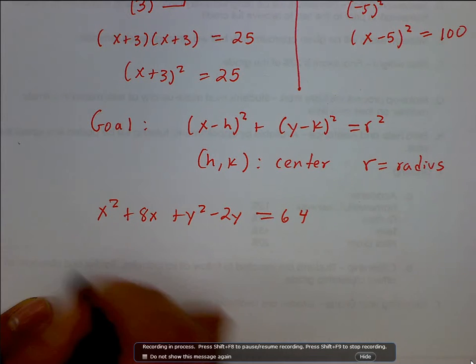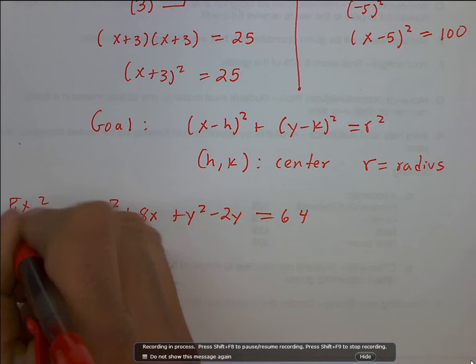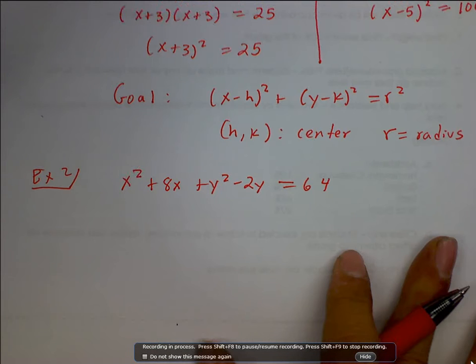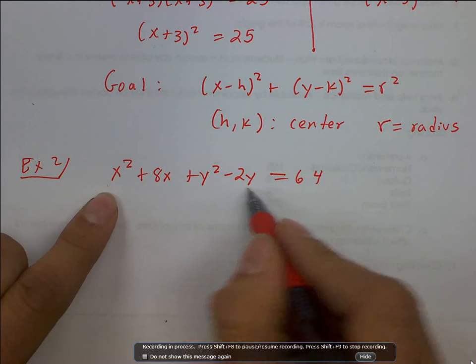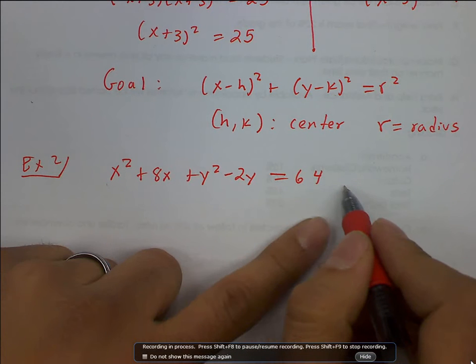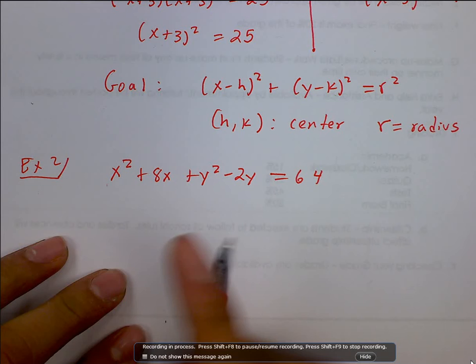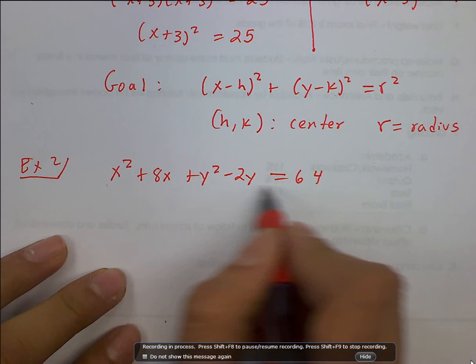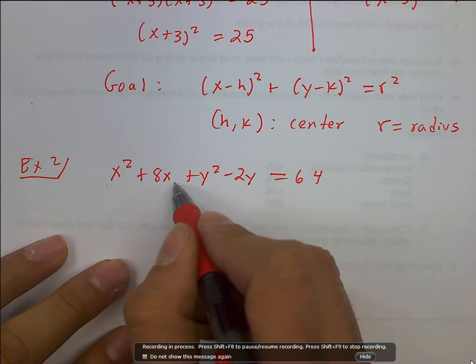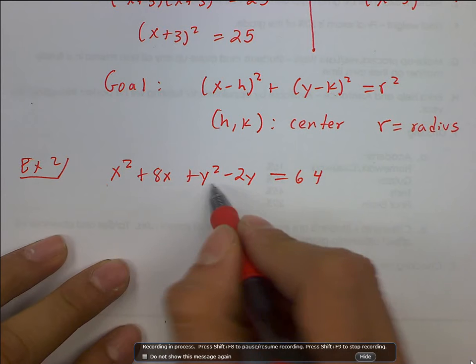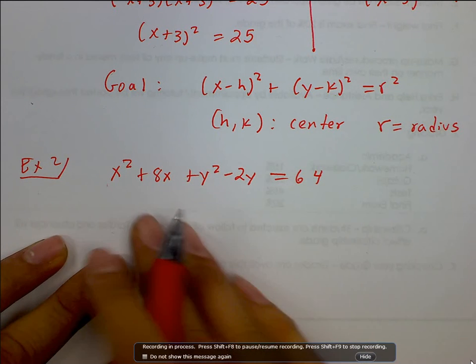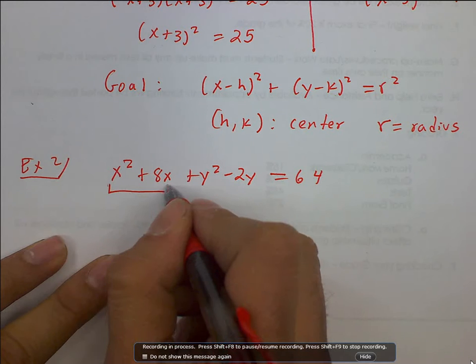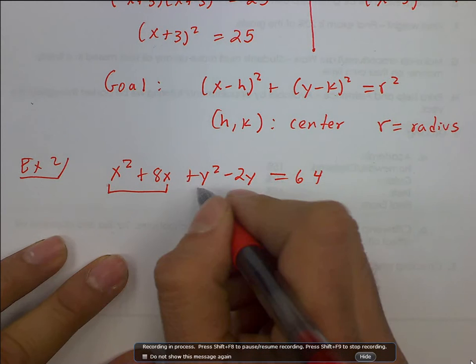So this is example 2. You have to make sure that you have all the variables on one side and all the constants on the other side. Since I don't have any constant or just a number on this side, I'm not going to add anything to it yet. What I'm going to do is complete the square on the x's, and then complete the square on the y's.